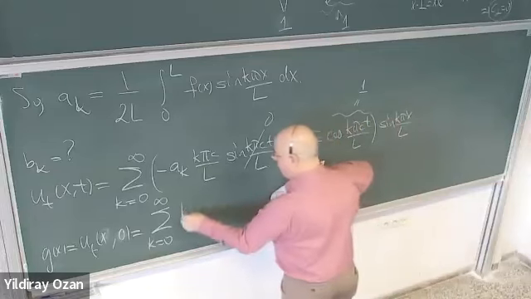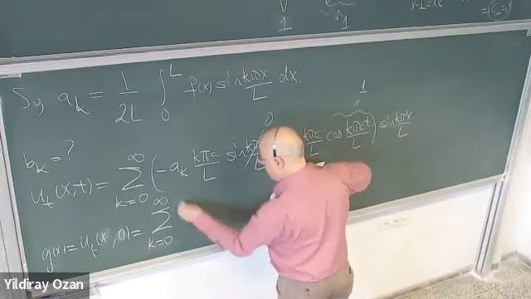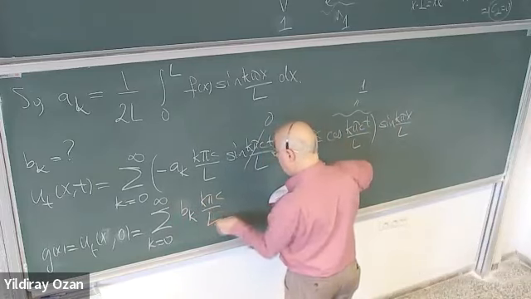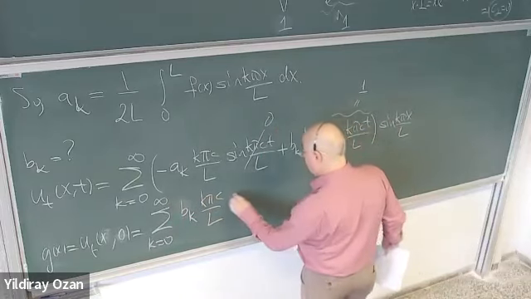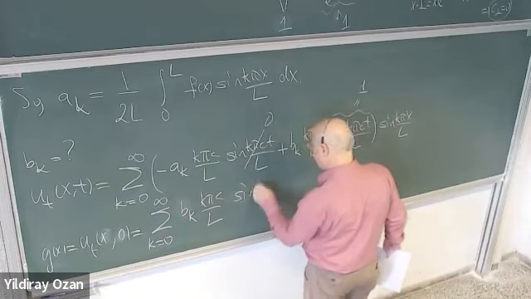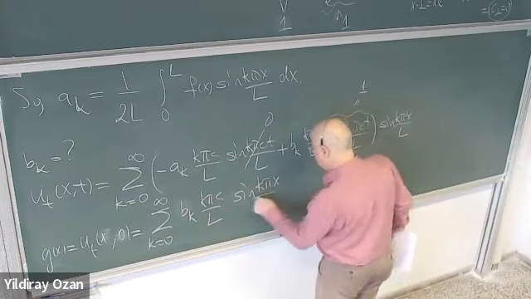Therefore, we have B_K times K pi C over L times sine(K pi x over L).